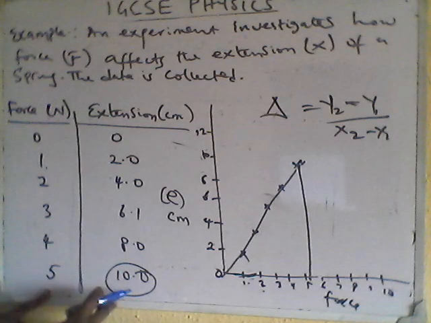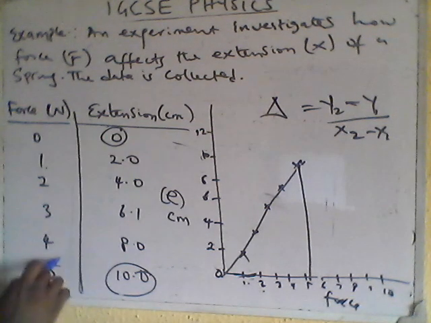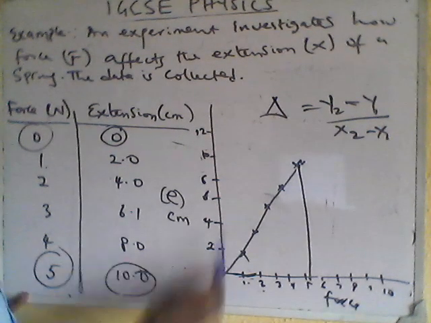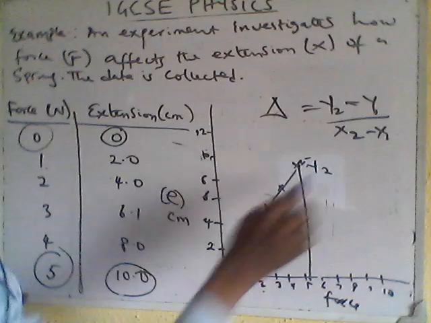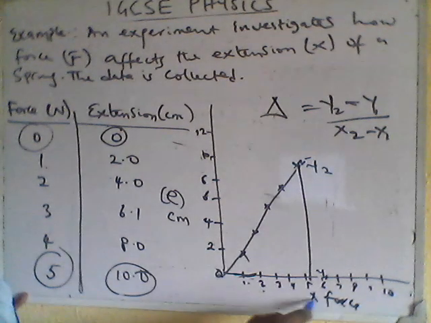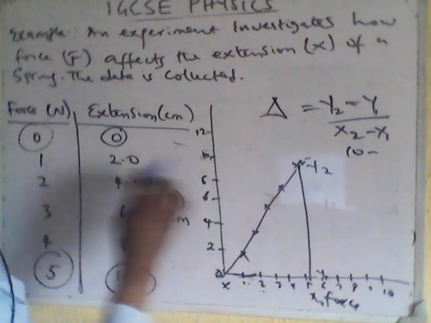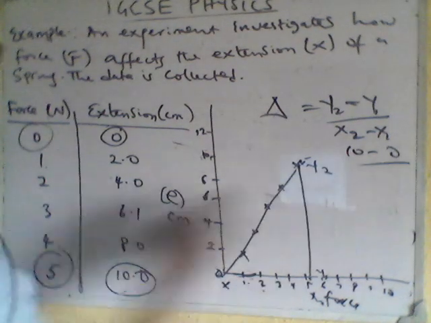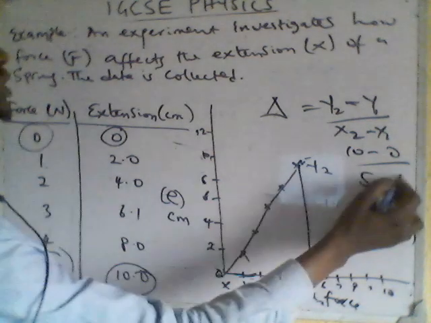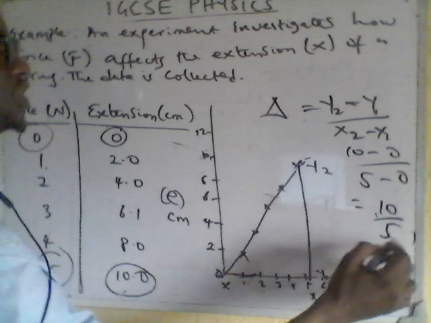This is y2, this is y1, this is x2, and this is x1. So y2 is 10 minus y1 which is 0, over x2 which is 5 minus x1 which is 0. So the gradient is 10 over 5, which gives me 2.